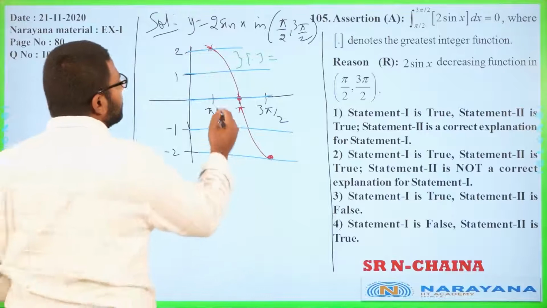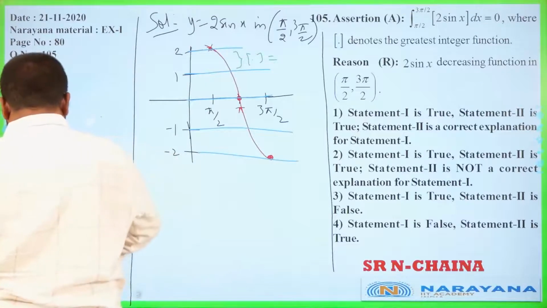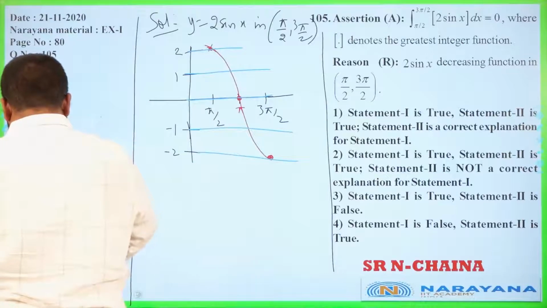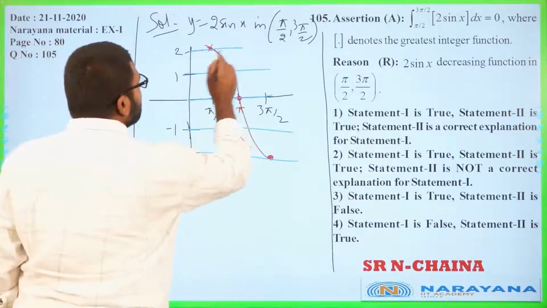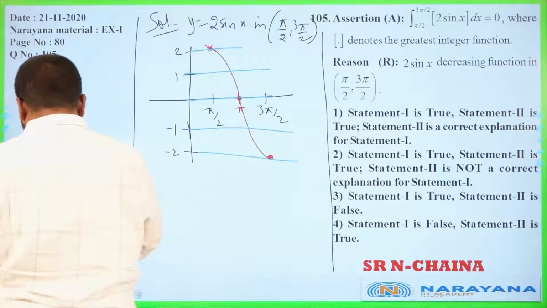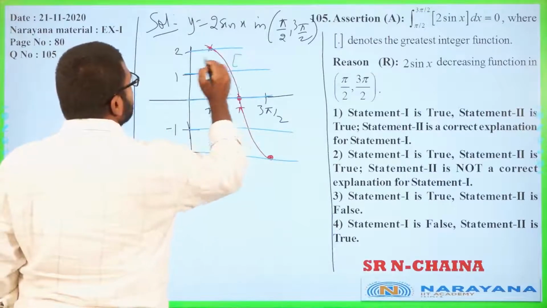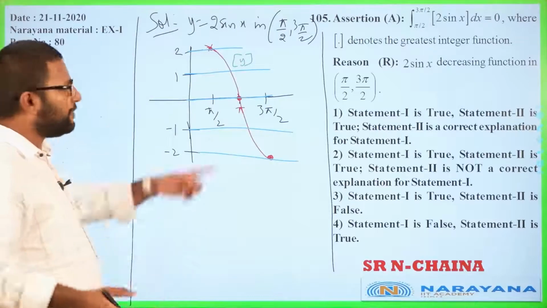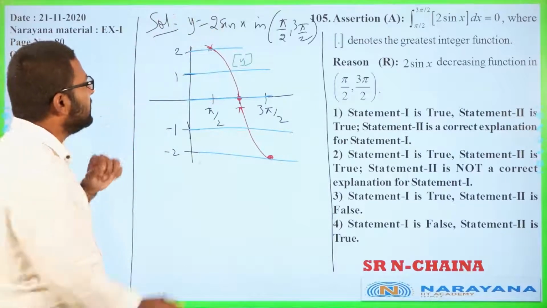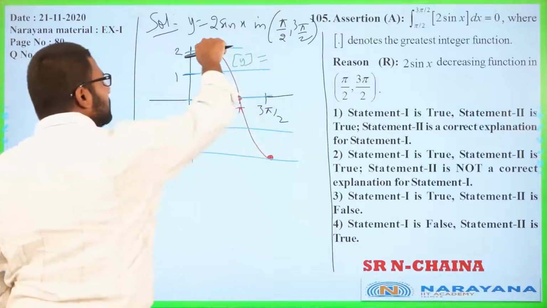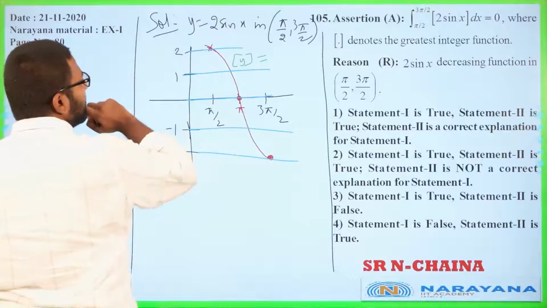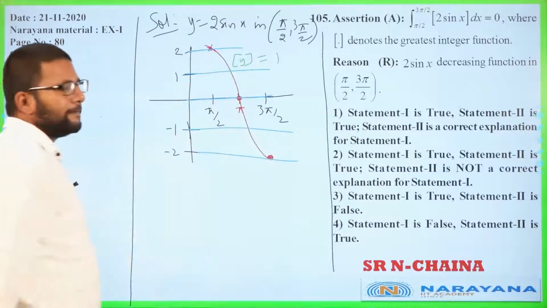So step 2 sin x, step y. I hope you understand. Step y coordinate, which is step 2 sin x, is equal to, all over here it will be like 1.9, 1.3, 1.7, something. So step y will be 1.